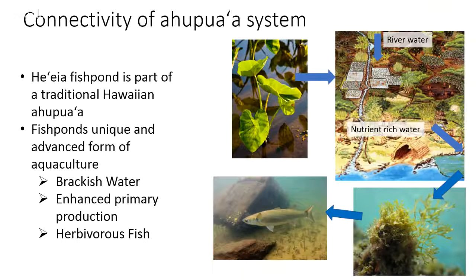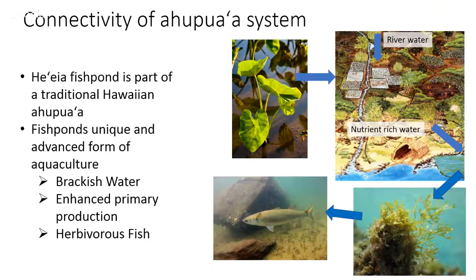This combination of nutrient-rich water from Heʻeia Stream, the influence of salt water from, in this case, Kaneohe Bay, shallow water conditions and a lot of sunlight radiation really caused these amazingly productive estuarine-like conditions that fostered the growth of algae and then attracted a lot of herbivorous fish that then fed on the algae.